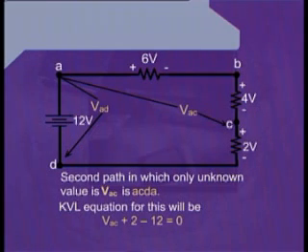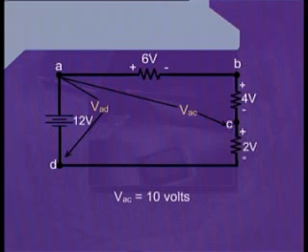Therefore, we will write VAC plus 2 minus 12 equals 0. Now, rearranging this equation, once again we end up with the same result as we have been calculating in the previous slide, that is VAC is equal to 10 volts.